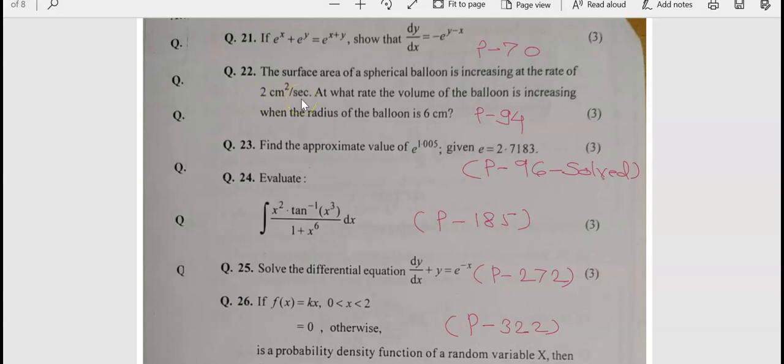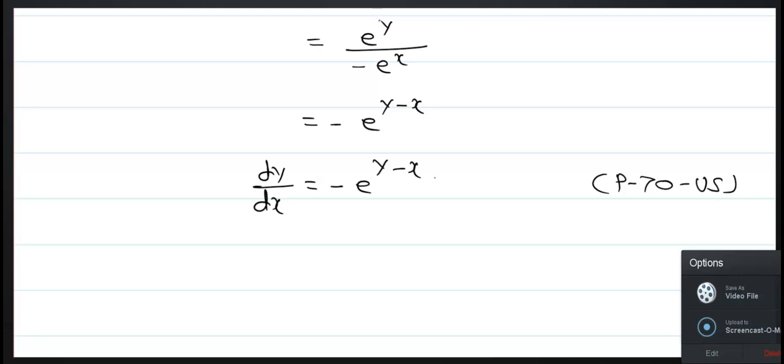At what rate is the volume of the balloon increasing when the radius of the balloon is 6 centimeter? It is on page number 94 from the textbook. Now see the answer of this question. Question number 22, page number 94, unsolved question.